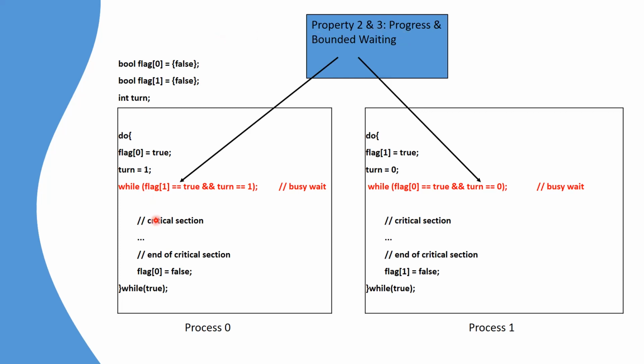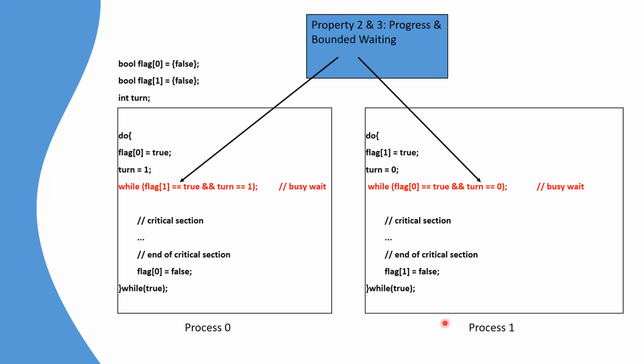So if we assume that process 1 is not executing in the critical section, that means it is outside, maybe in the remainder section. If it is in the remainder section, the value of flag 1 will be false, so this condition will become false and process 0 can enter the critical section.